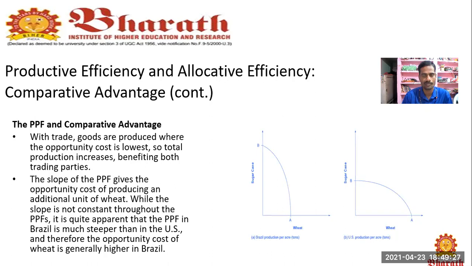The slope of the production possibility frontier gives the opportunity cost of producing an additional unit of wheat, while the slope is not constant through the production possibility frontier. The diagram explains the effective, the allocative, the comparative advantage of producing a good.